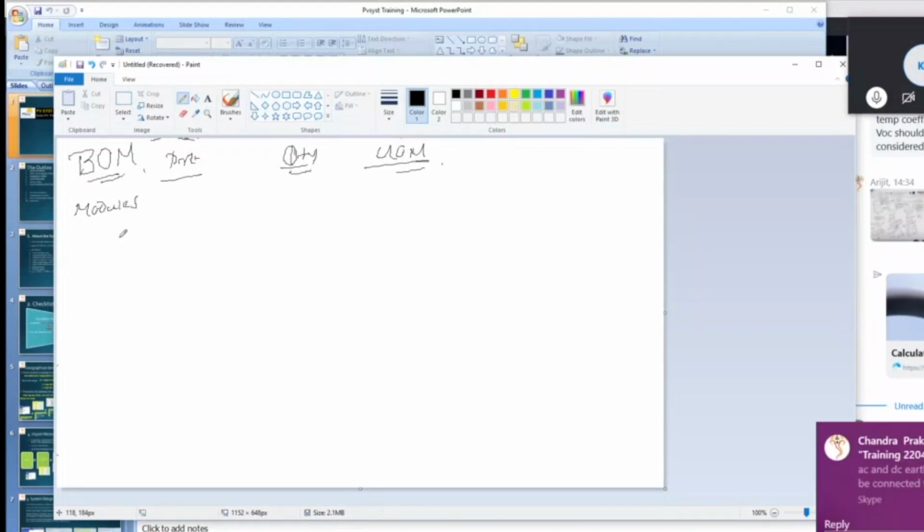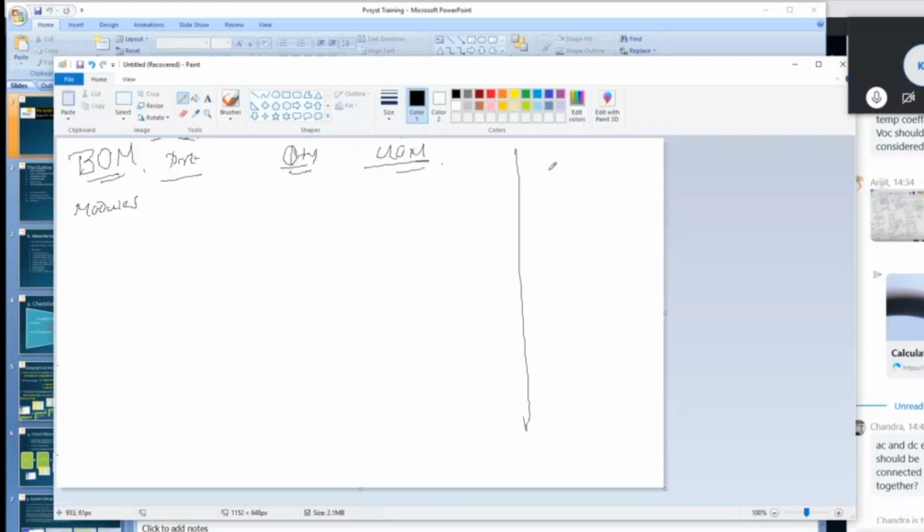AC and DC earthing shouldn't be together, never. LA should have a separate earthing. If you are going for two DC earthings, you can interconnect the two DC earthings. But AC and DC should have separate earthing. Let's say this is my earthing electrode. If my earthing electrode is 10 meter, the distance between two earthing electrodes should be greater than 10 meter.